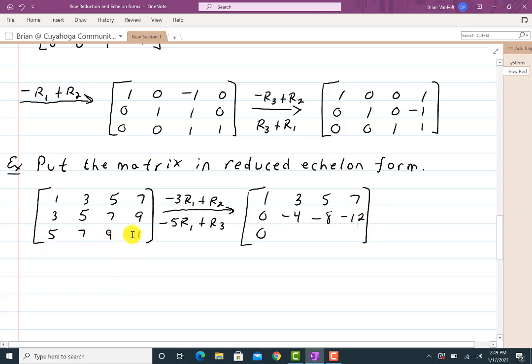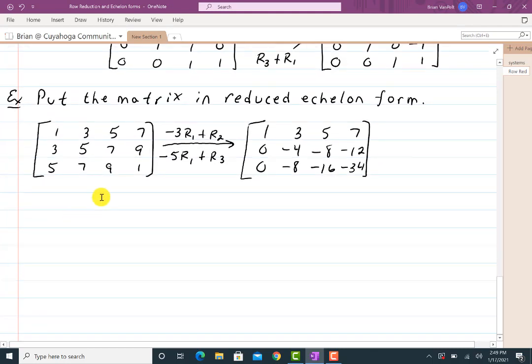And then for row 3, negative 5 times 3 is negative 15 plus 7 is negative 8. 5 times negative 5 is negative 25 plus 9 is negative 16. And then negative 35 plus 1 is negative 34.